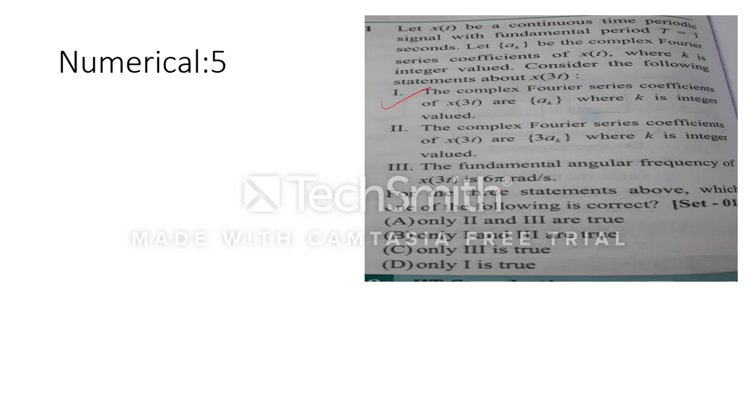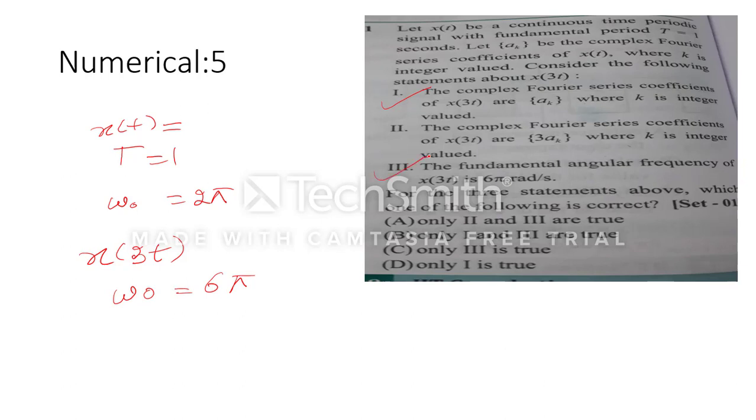In the case of angular frequency, yes, the angular frequency changes, but the Fourier coefficient doesn't change. For x(t), they are saying that the time period is 1, so definitely omega will be 2 pi. If 3t is there, omega naught will be multiplied by 3, that is 6 pi. So in this case, these two options are correct. So we can say that B is the right choice.